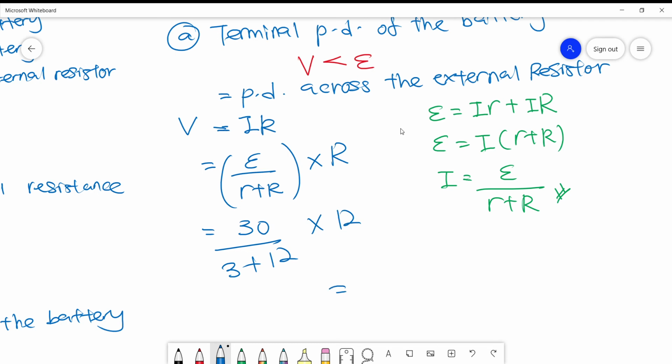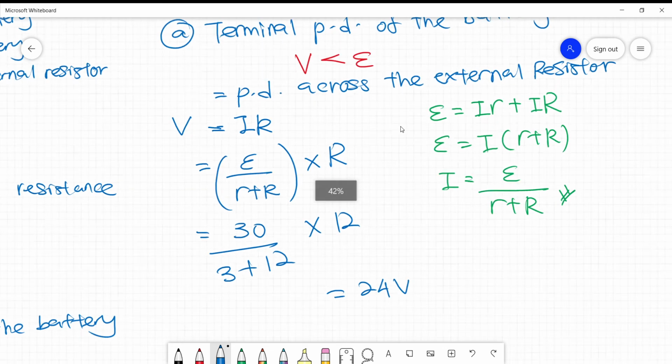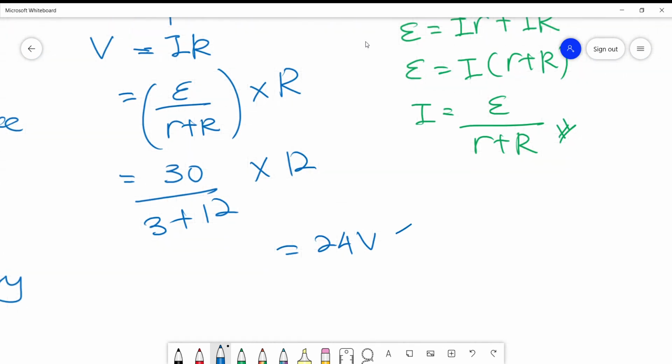If I calculate it, what I get is 24 volts. So the 24 volts is less than the electromotive force, which is 30 volts. So this is the concept.